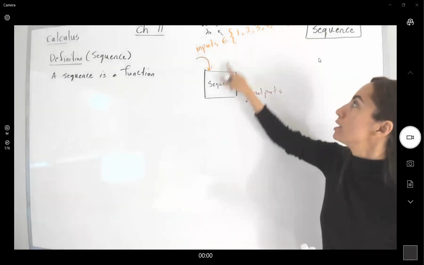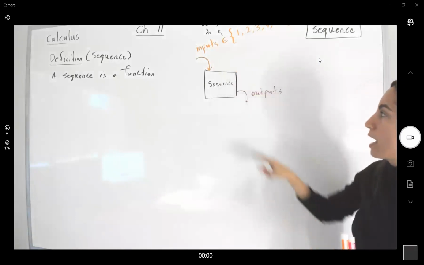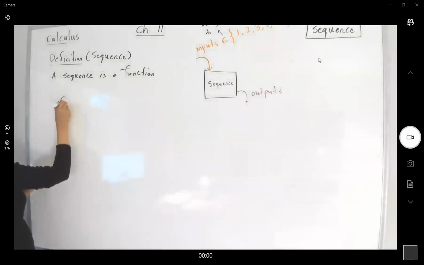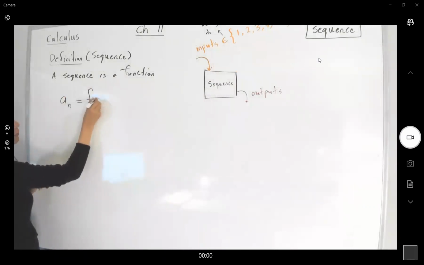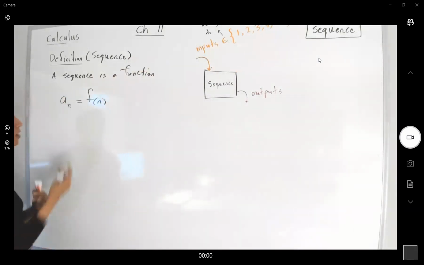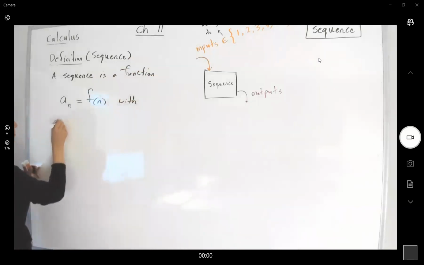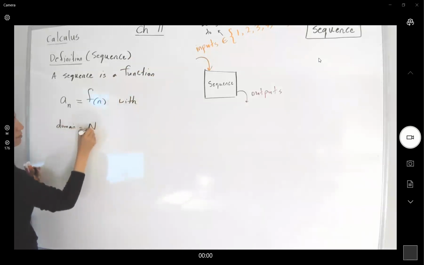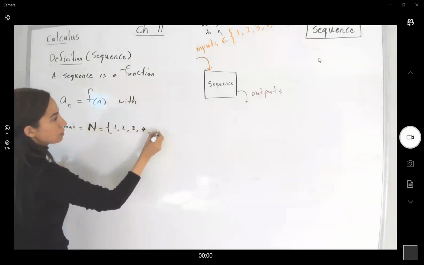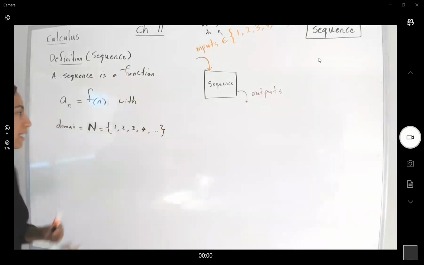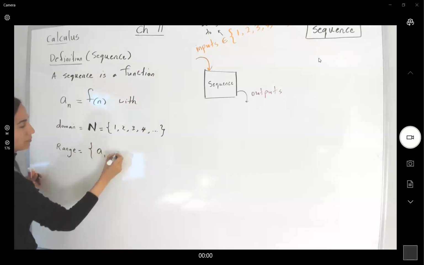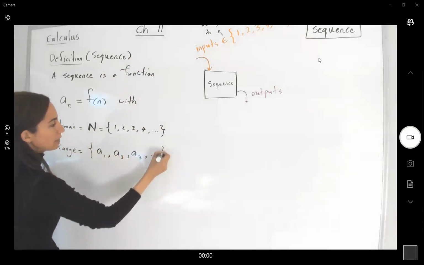So a sequence is a function, A sub n, or denoted by f of n, with domain natural numbers, or sometimes whole numbers: 1, 2, 3, 4, and so on. And it gives you some output values, the range. The output values are A sub 1, A sub 2, A sub 3, and so on.